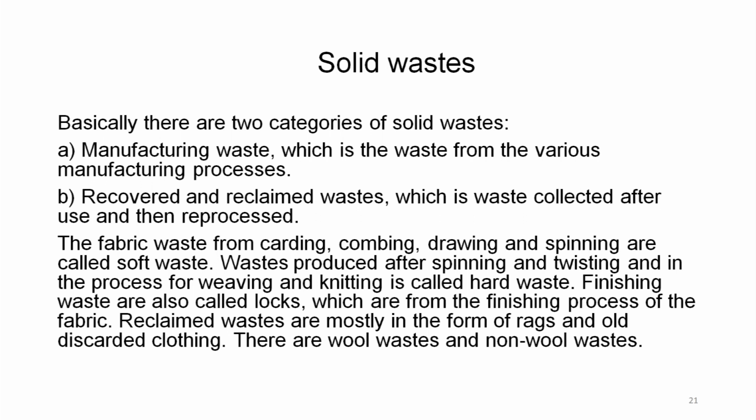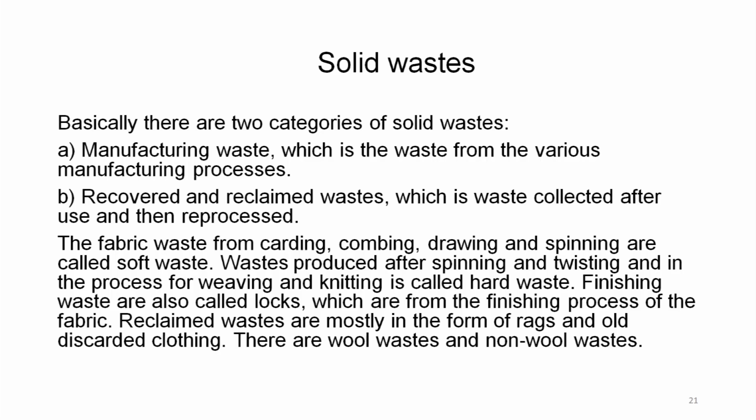The fabric waste from carding, combing, drawing, spinning are all soft waste. Waste produced after spinning and twisting and the process of weaving and knitting is called hard waste. Finishing waste are also called locks, which are from the finishing process of the fabric.